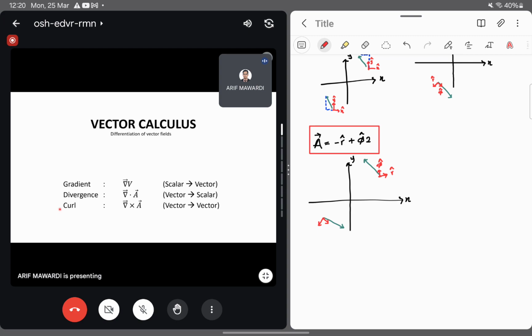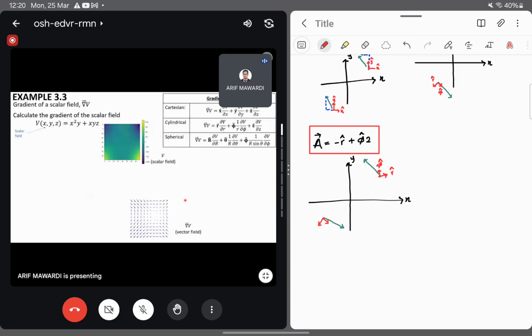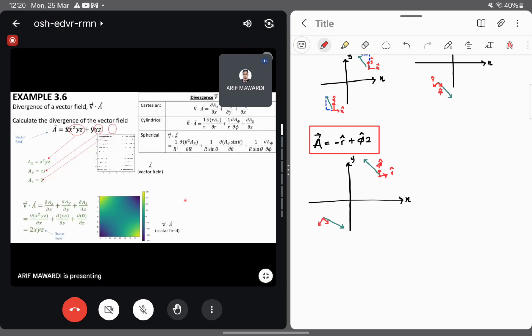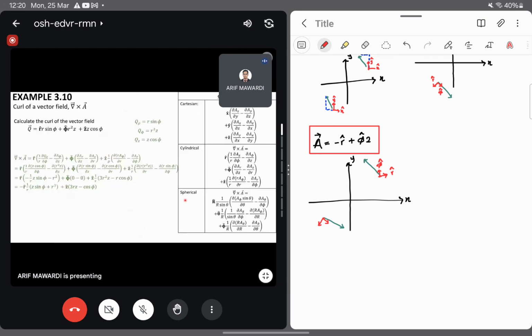And for the curl of a vector field, you will get another vector field. For the details of how to do the calculation for each of these operations, I will make a separate video. For now, you just need to understand that qualitatively.